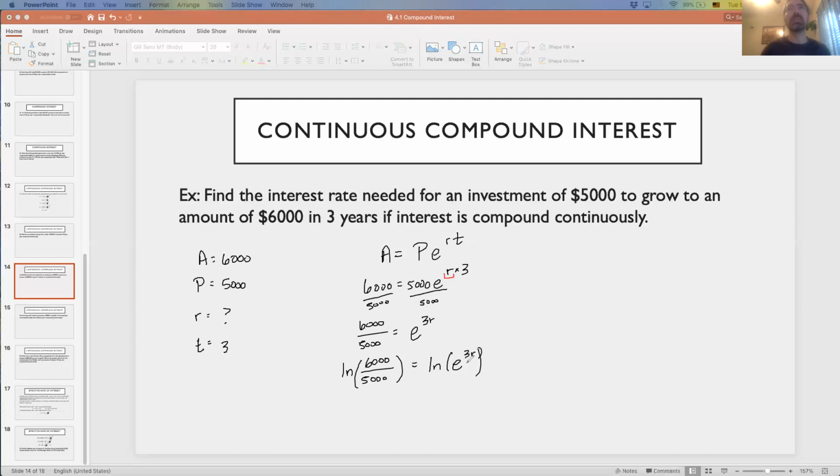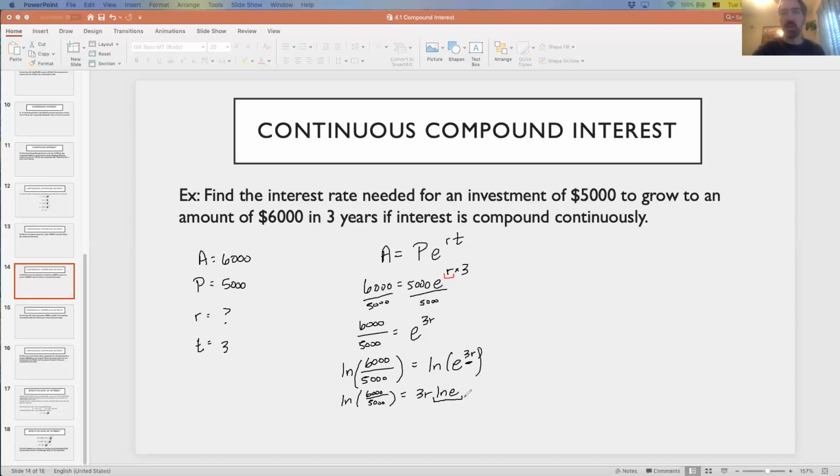This allows us to move this 3r to the front of the natural log. That's 3r times the natural log of e. Now, this is why I'm using the natural log as opposed to just a log, because the natural log and the e are inverses, which means that they cancel each other out.